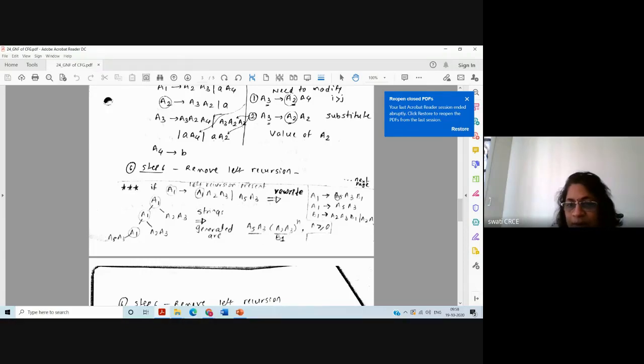So that's what I'm writing here directly. A1 is equal to A5 A3 B1, and A1 is equal to A5 A3, which is to stop the recursion. Then I have to write what is B1. B1 is nothing but A2 A3 for n number of times. This is similar to A raised to n when we design the context free grammar. So B1 is nothing but this A2 A3 raised to n.